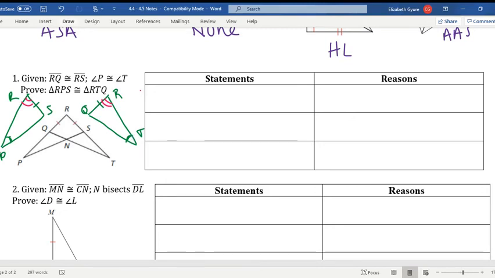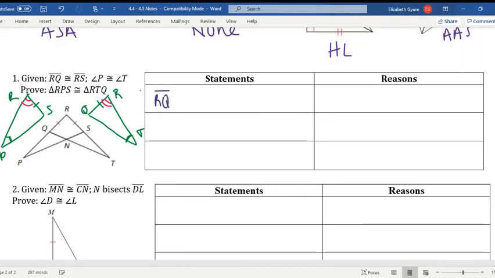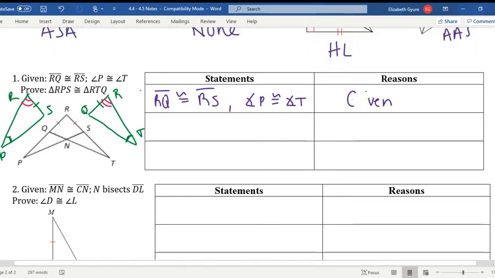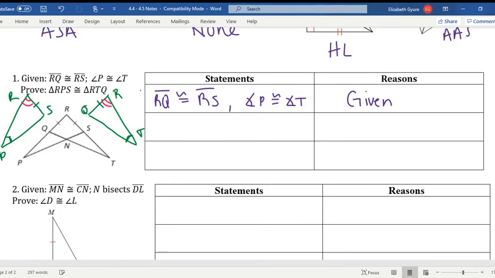So that's all we got to write. So let's put in our given and such. RQ is congruent to RS, and angle P is congruent to angle T. That is given. Okay.